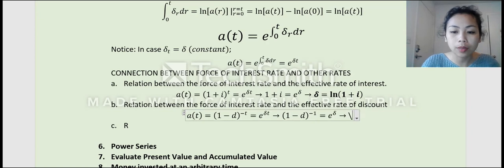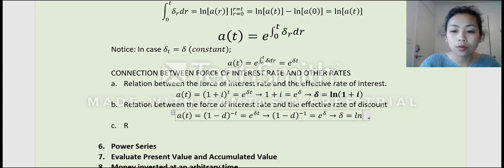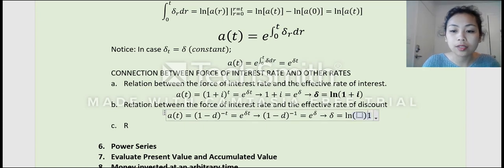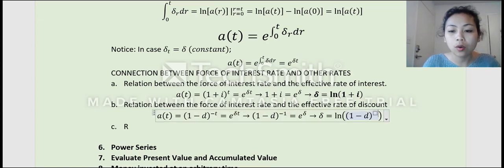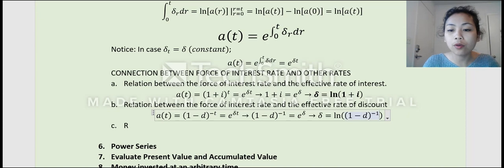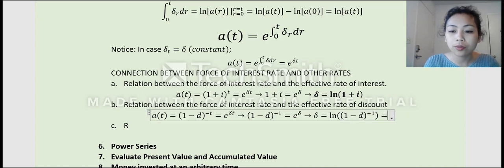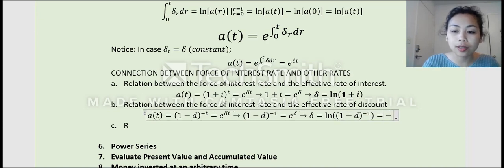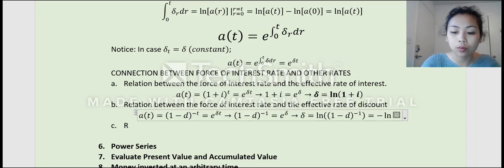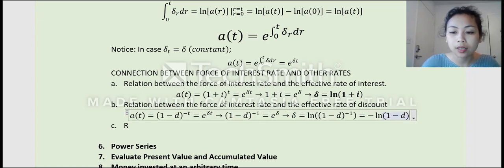From here, delta is the natural log of (1 minus d) to the negative 1, and using the power rule, we bring the negative sign to the front, so that is minus the natural log of 1 minus d.